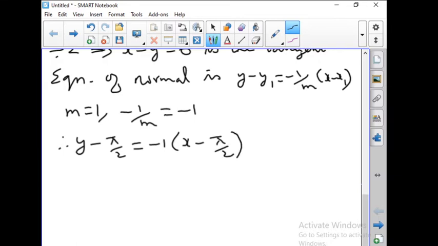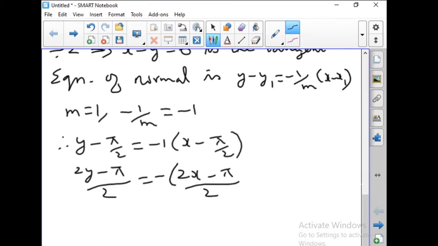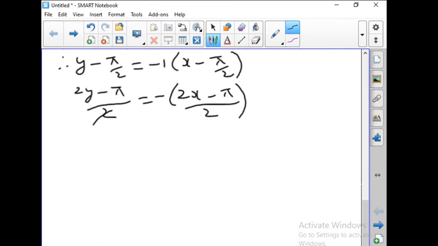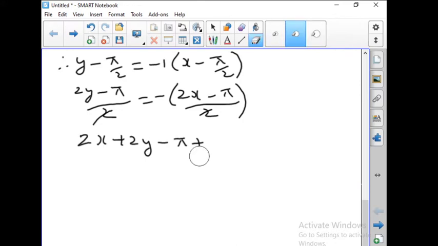In the same way, taking LCM, we get 2y minus pi by 2 is equal to minus 2x minus pi by 2. So 2 gets cancelled. Bringing everything to one side, we get 2x plus 2y minus pi minus pi is equal to 0, since pi coming to this side becomes minus pi.